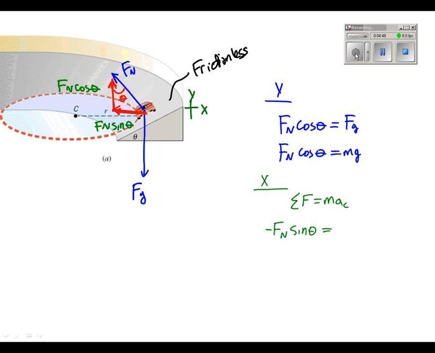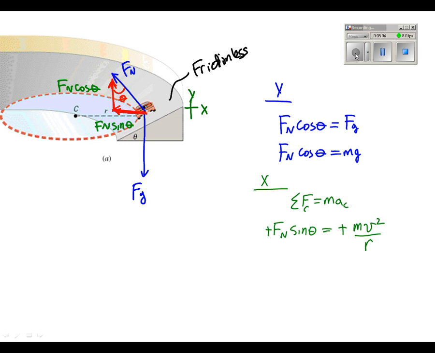The centripetal acceleration is to the left, so I'll put a negative sign there too. Since it's centripetal acceleration, I'm going to plug in v squared over r. Now these two negative signs will just cancel, and now we have Fn sine theta equals mv squared over r.